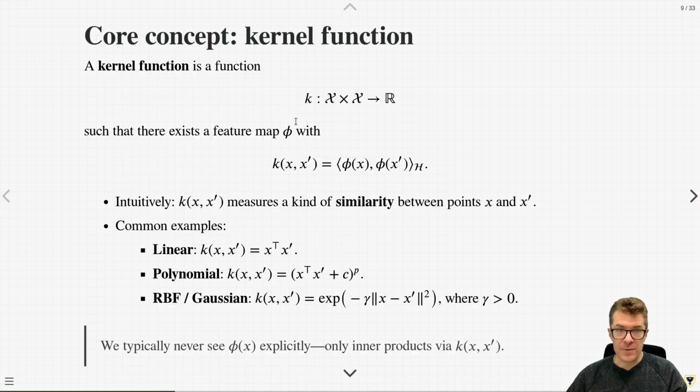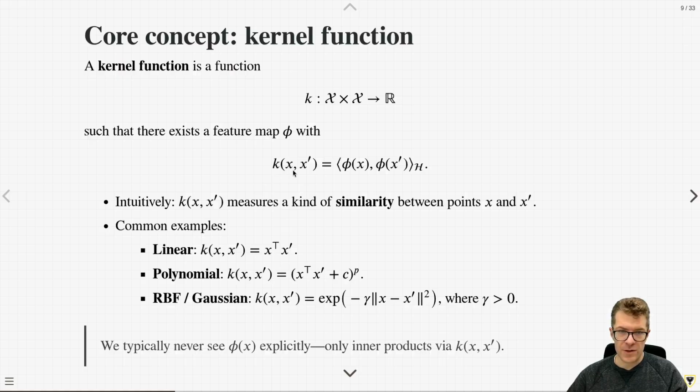A kernel function, k, is a kind of a product of the feature space with the feature space, which gives a real-valued number. This is possible as long as there exists a feature map phi with this definition.